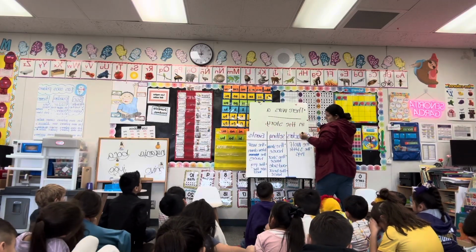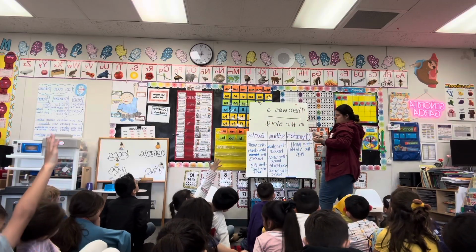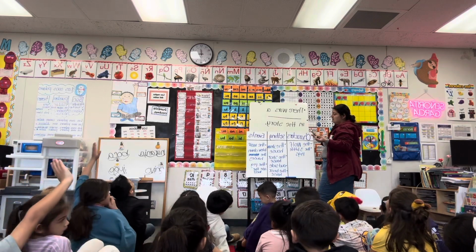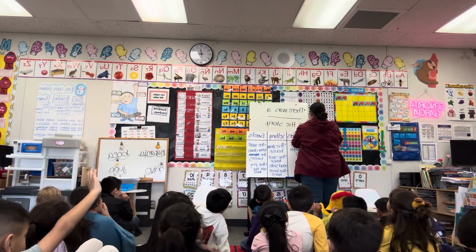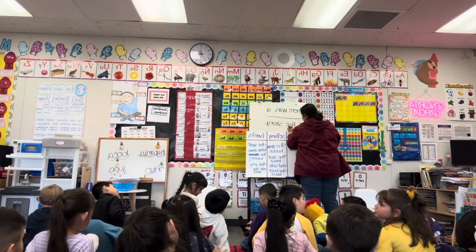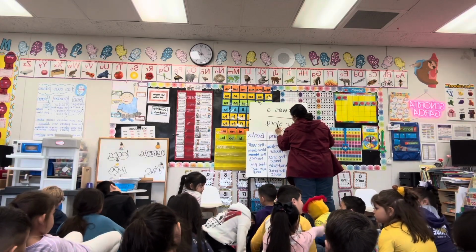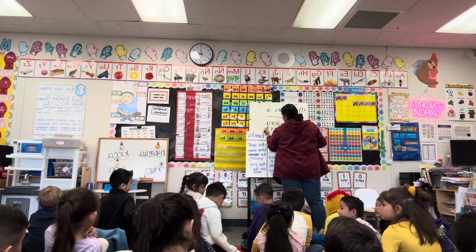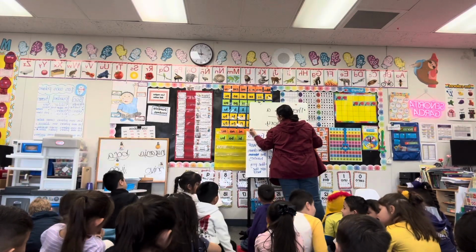Period. What's another thing that we could write? Maybe we can write, in the story, the wolf. And then you can fill in whatever you want and put a period.